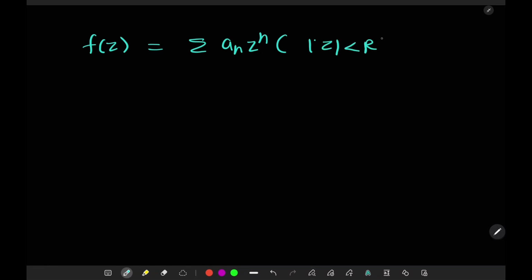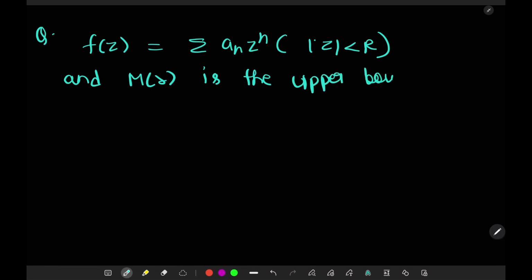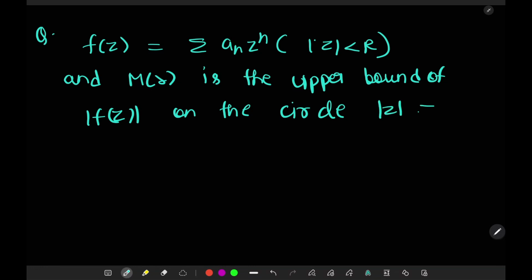Let's do another question. f of z is equal to summation a_n z raised to power n. Here mod of z is less than r, and M_r is the upper bound of mod of f(z) on the circle mod of z equals to r.